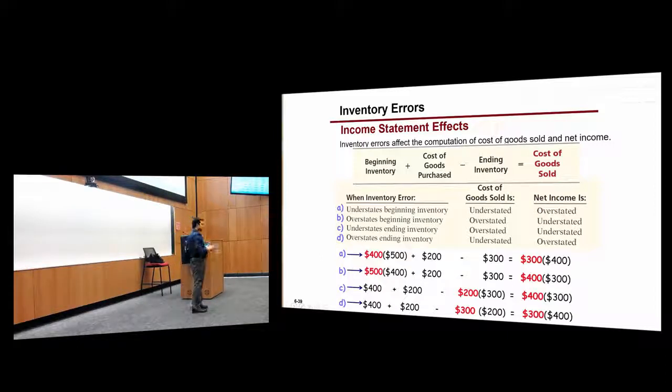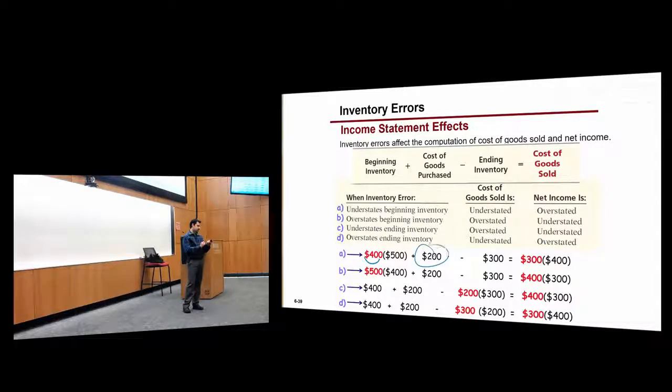Let's take another example, so let's look at this example here. The value that you declared last year was $400. So your beginning inventory, you thought it was $400, whereas in reality it was $500. Okay?